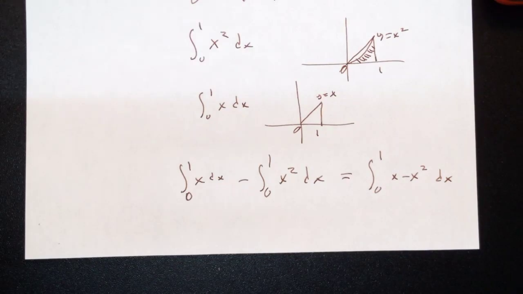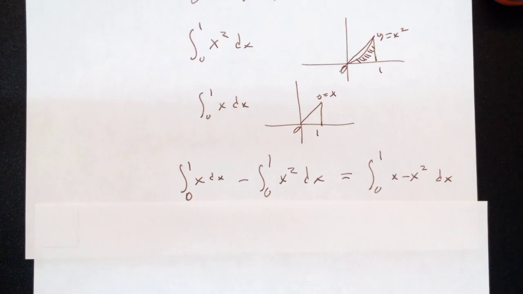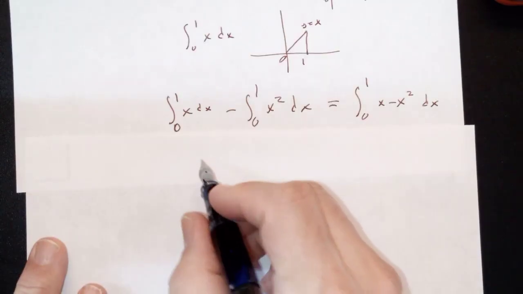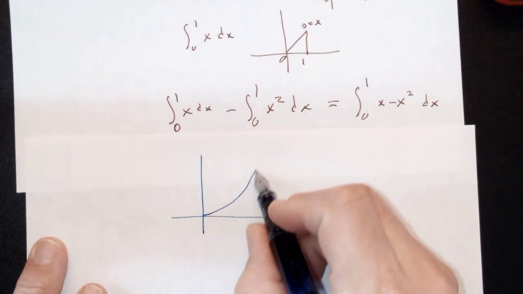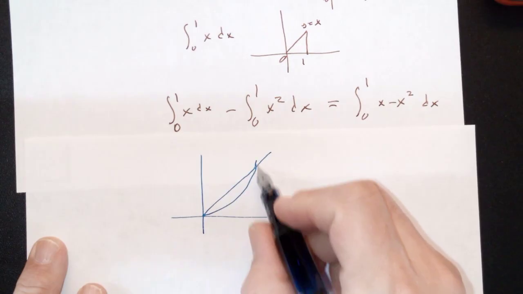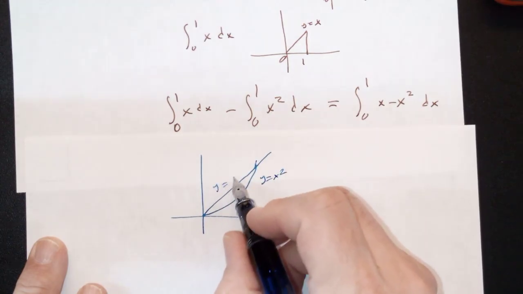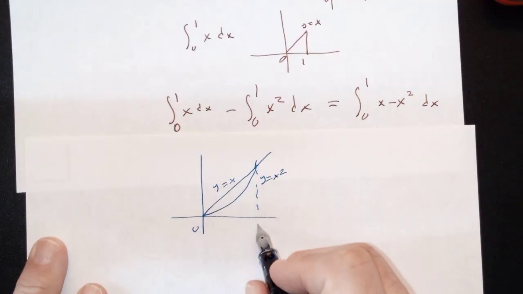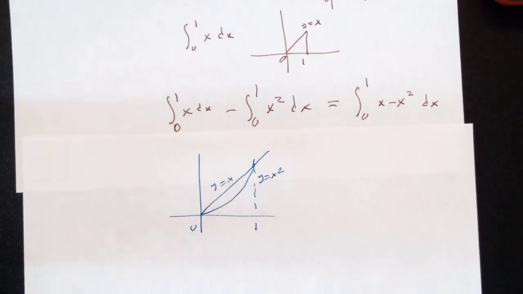But I can also think of my Riemann sum and my little boxes that I was going to add up, right? Let me go back to the original drawing we had. And instead of drawing my rectangle from y equals x all the way to the x-axis, let's just draw it from y equals x to y equals x squared.